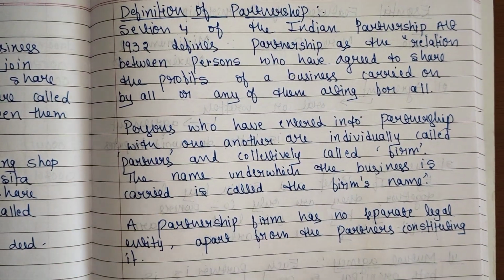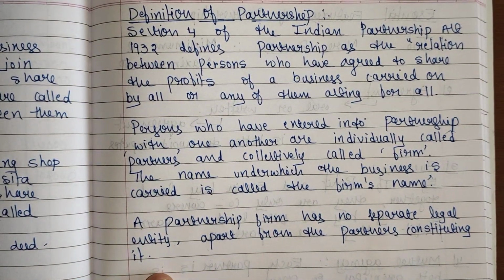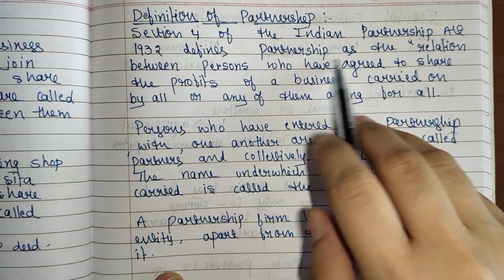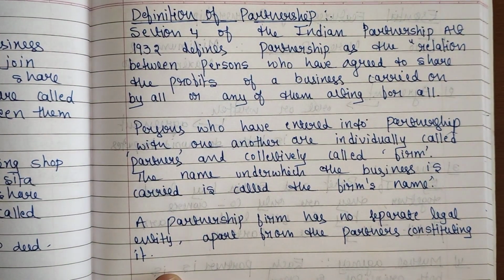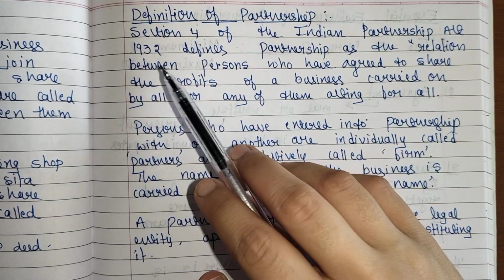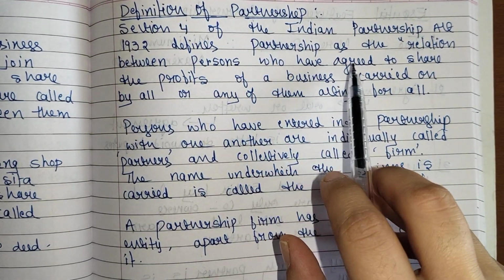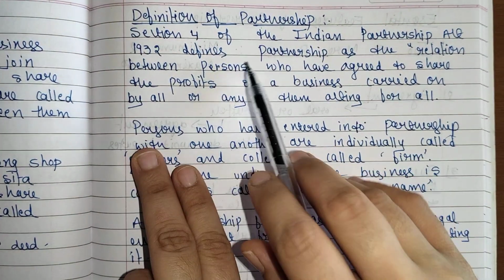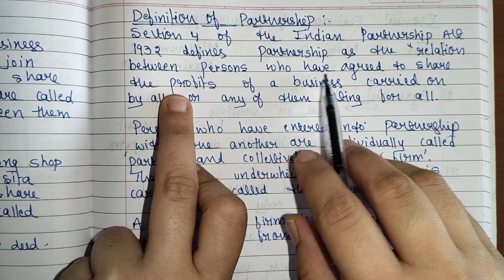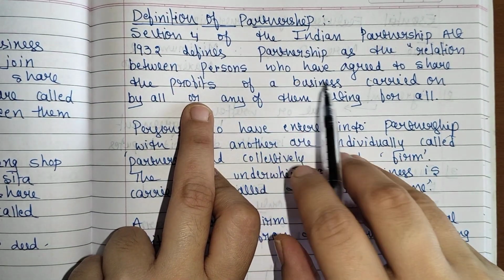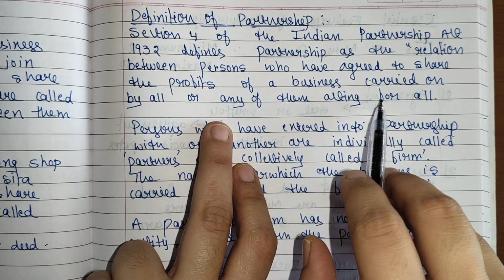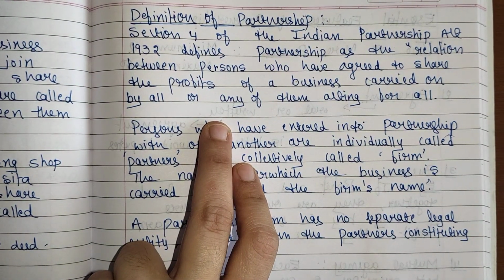What does the definition say? Section 4 of the Indian Partnership Act, 1932, defines partnership as the relation between persons who have agreed to share the profits of a business carried on by all or any of them acting for all. What does it mean?